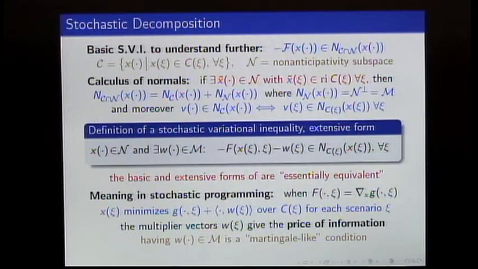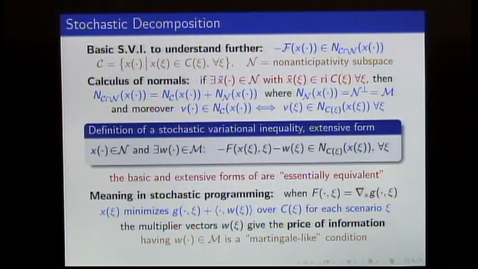So if you apply a simple constraint qualification of convex analysis, or you could avoid it if the sets C of c are polyhedral or something, then you can show, with some little calculus, that the normal cone to the intersection is the sum of the normal cones.